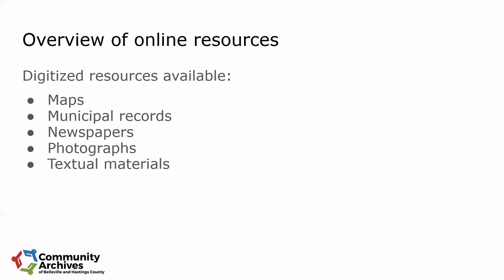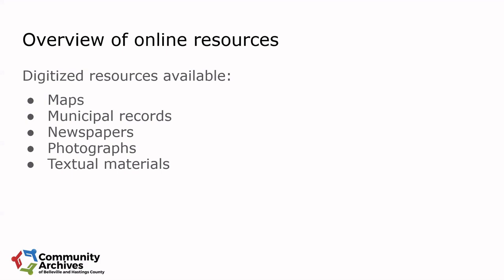Since I arrived in 2015, we've been digitizing materials. We started with the photographs, and then gradually we've been adding other materials as time goes on. I had a summer student in 2019 who digitized our map collection. She photographed about 1,000 maps.